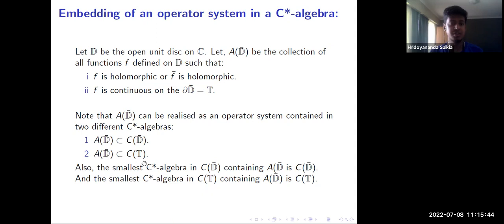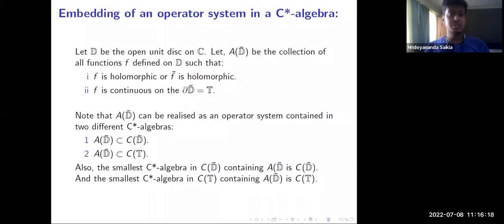The answer is C of T. So in a sense, the minimal C-star algebra containing an operator system is not so well defined. They are not unique, but we do have some minimal embedding, defined using some universal properties. Then we have the notion of Shilov boundaries and all those things.